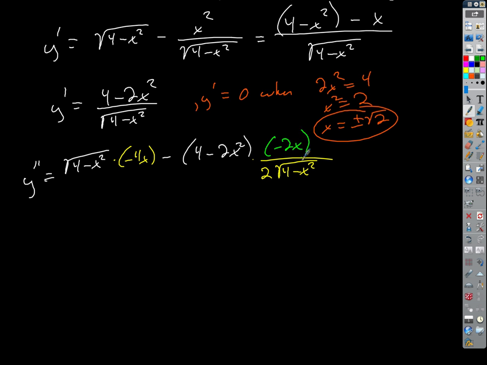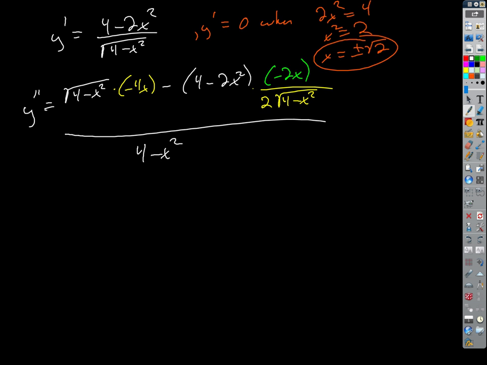There's D low. And that whole thing is all divided by bottom squared. The square root squared is just 4 minus x squared. So that's kind of a mess, but it looks pretty familiar to what we did on that first derivative.